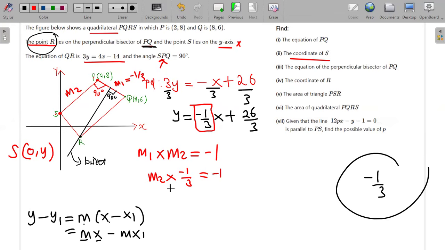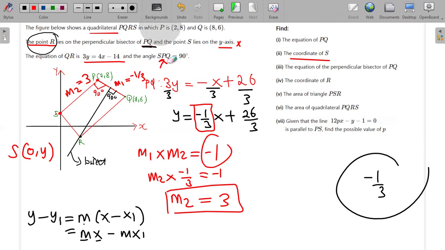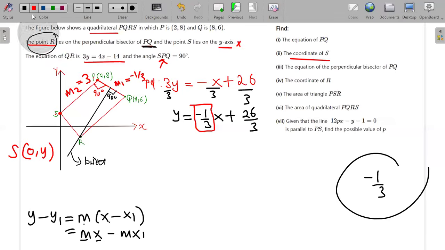Here I'm just going to multiply by minus 3 throughout. So m2 is equal to minus 3 times minus 1, I get 3. So my gradient for this line is m2 equals positive 3. So that when I multiply this and this, I should always get a what? A minus 1.